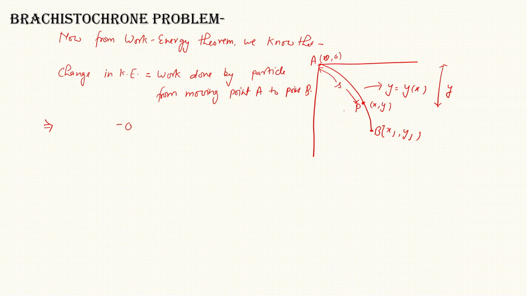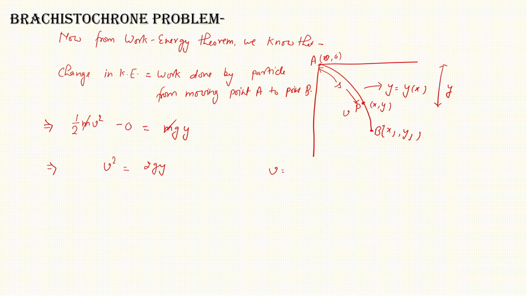Let us say at this point velocity is v, then it will be half mv square minus 0 is equal to mgy, or we can say that v square is equal to 2gy.